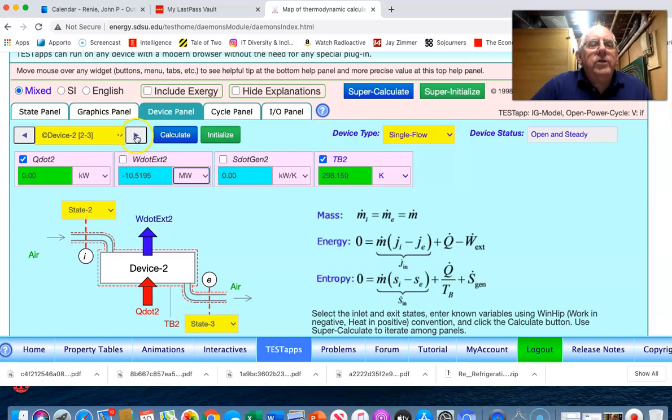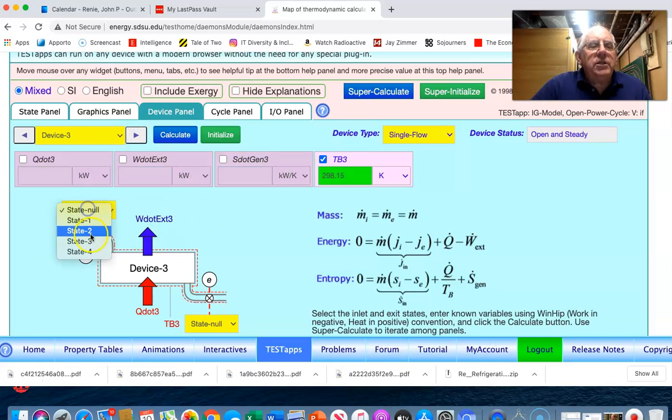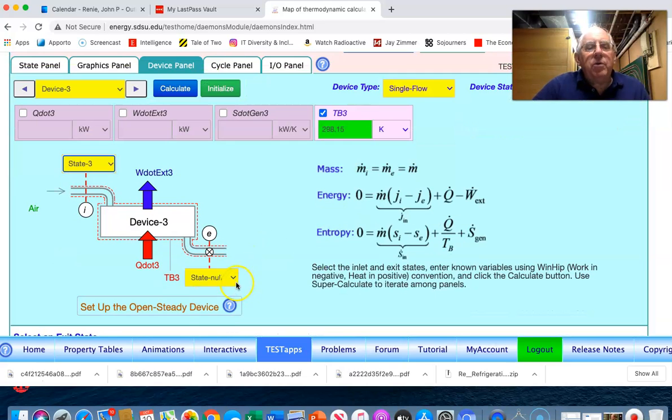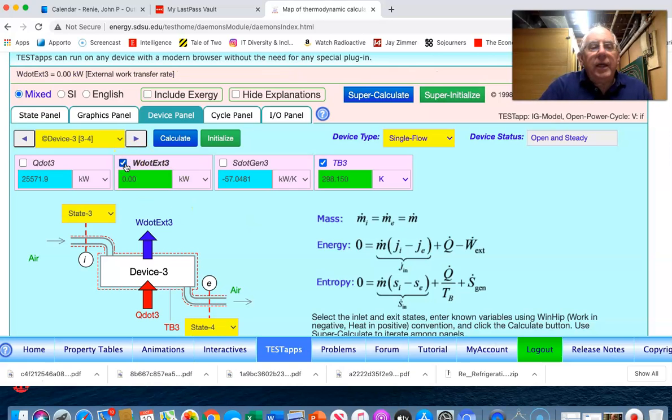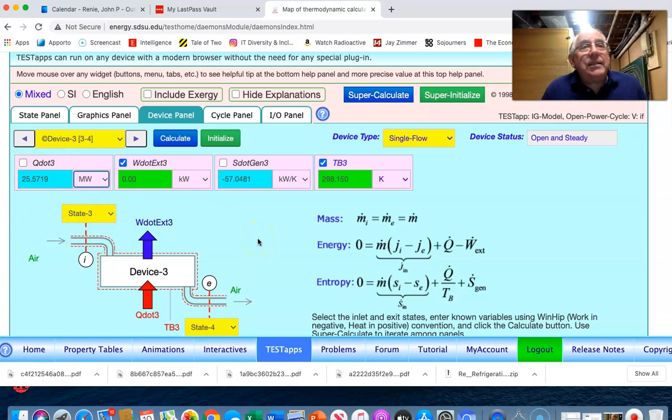Okay, if I go into the next device, which is device 3, that is the combustion chamber. So the combustion chamber is state 3 to state 4. No work is being done, and we see that this is the heat that has to come into the combustion chamber. Now we're ready to go to state 5.